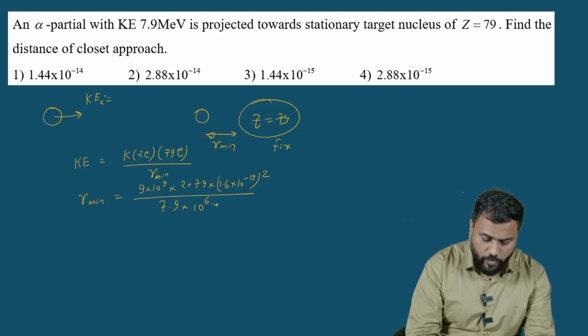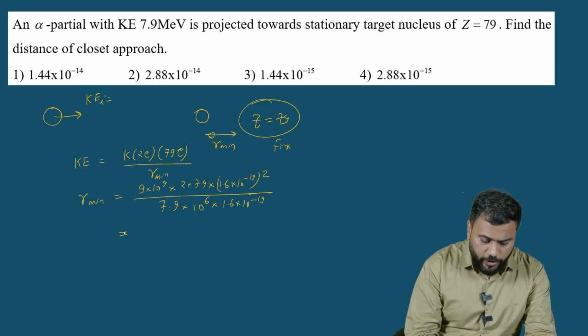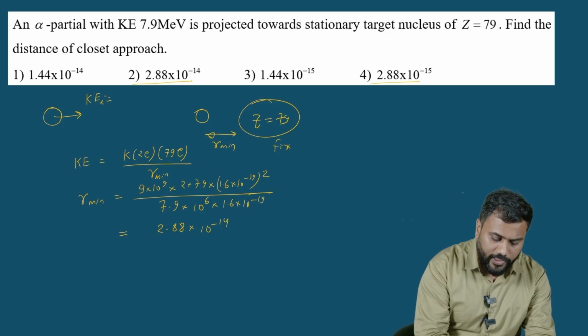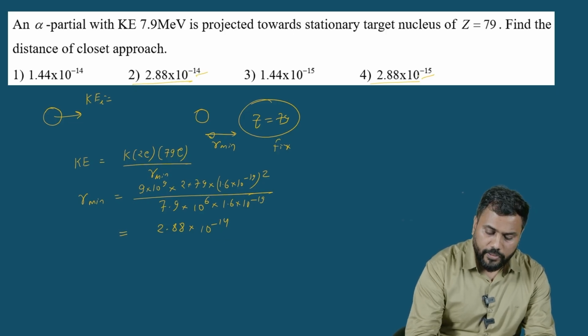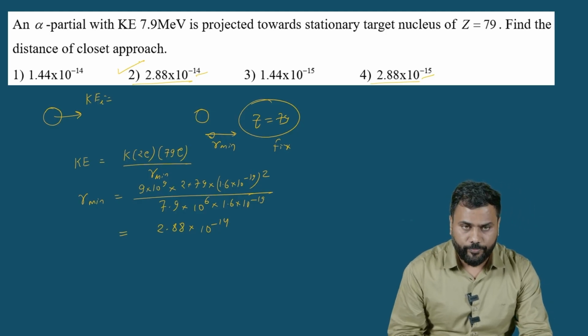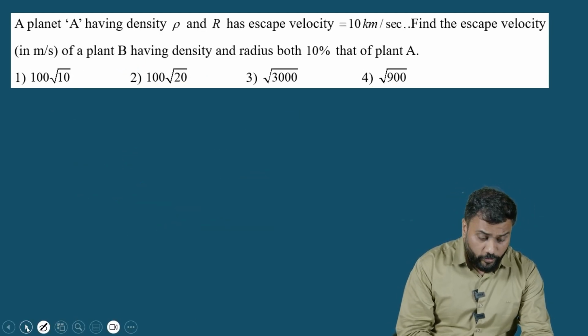Convert this mega electron volt into joules, because that is the SI unit of kinetic energy. If you do a little bit of calculation here, you will get the answer as 2.88 into 10 power minus 14. Be careful in the calculation, because we have two options which are very close. This is 10 power minus 14, this is 10 power minus 15. So choose the correct option, which is 10 power minus 14. Okay, let's proceed to the next question.